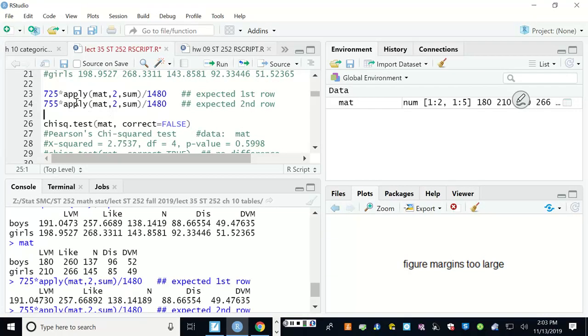So if you save all these, we have to calculate that statistic. Each of these numbers: 180 minus 191 squared divided by 191 gives that contribution.